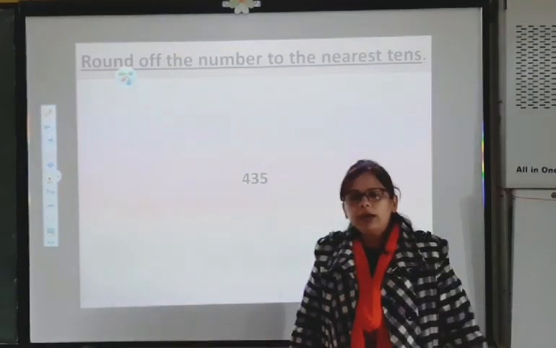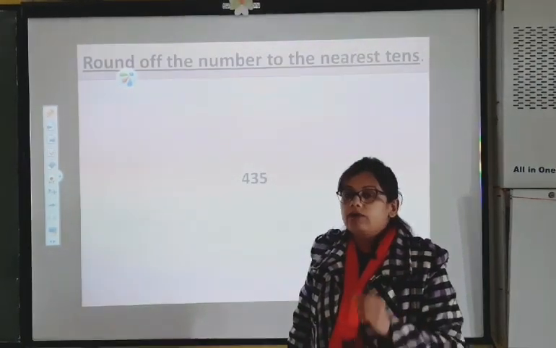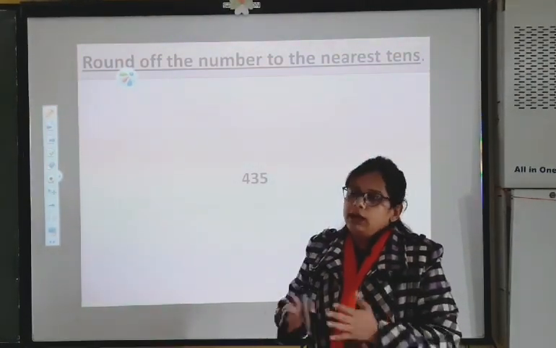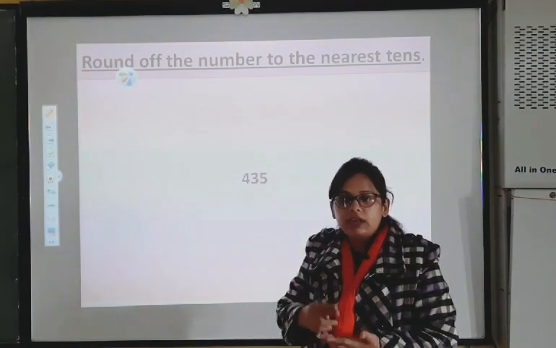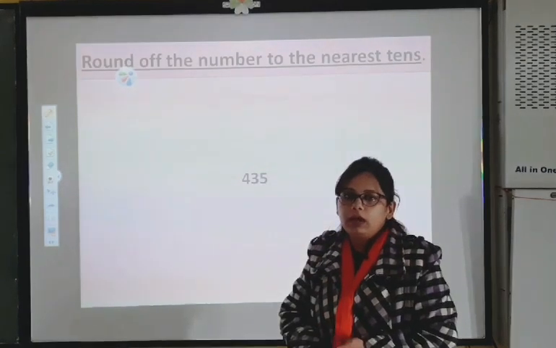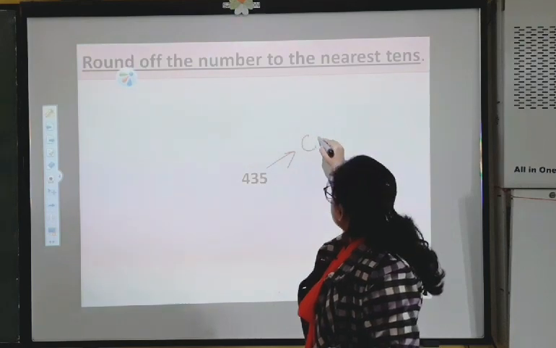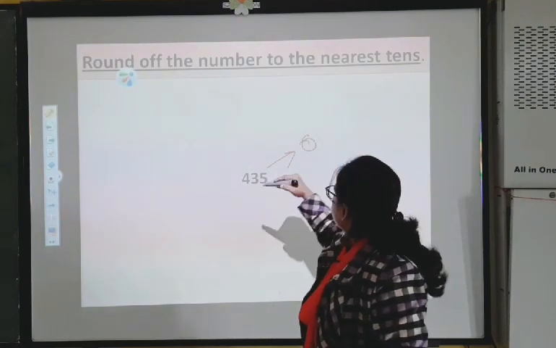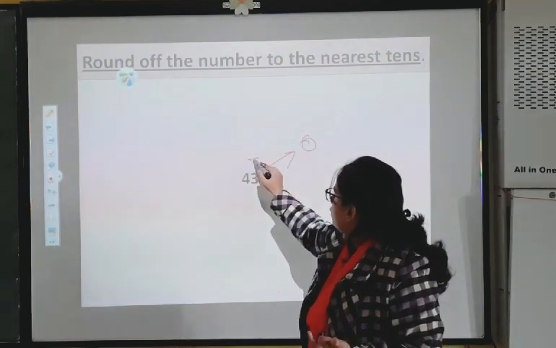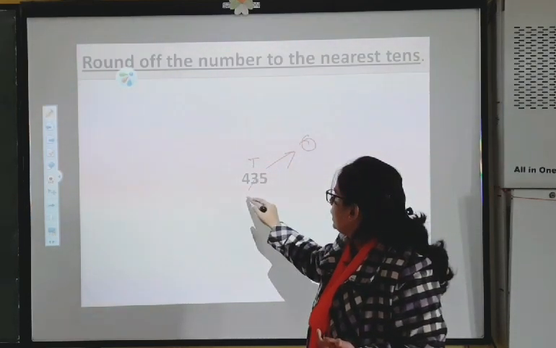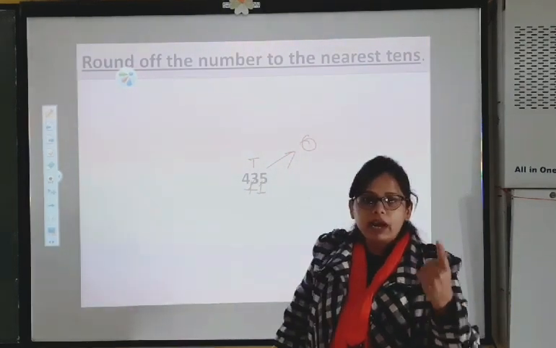Now what if the digit on the ones place is 5? अगर 5 होगा तो आपको क्या करना है? Well, again children, as I have told you, if the digit on the ones place is 5, 6, 7, 8 or 9, then you have to round up the number. आपको राउंड अप करना है. So first of all, convert 5 into 0. Okay. Next, the digit on the tens place will be increased by 1. टेंस प्लेस पे आपको 1 ऐड करना है.